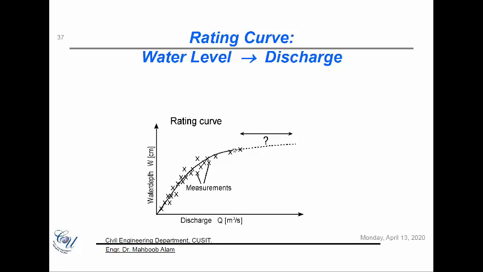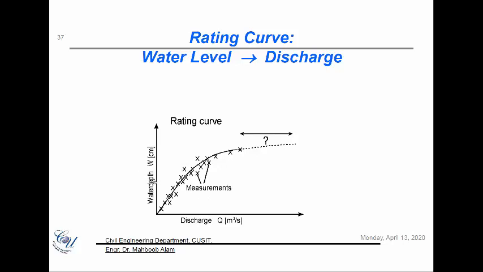So we have these observed values, the measurements. These crosses are basically showing us the measurements that we took, and then we can fit a line to those measurements. We can say that these measurements can be fairly represented by this line. This line then is called a rating curve.